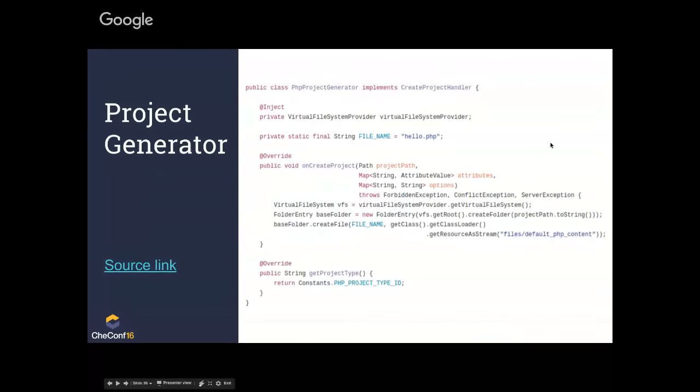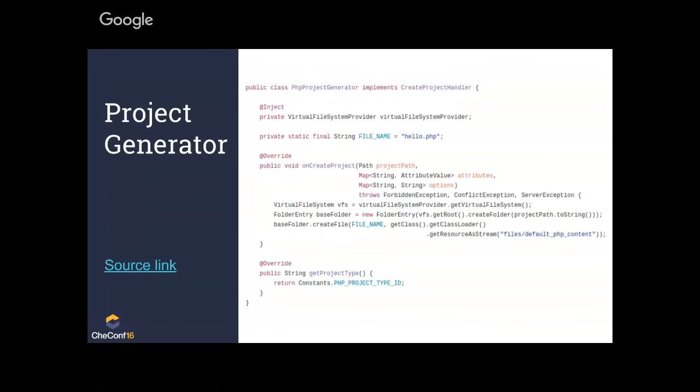Let's now have a look at some code. When you implement a new project type, you need to take care of the so-called project generator. This is a class that implements the create project handler interface and is invoked when the user creates a new empty project of that project type. In the PHP project generator, we simply retrieve the IDE's virtual file system.